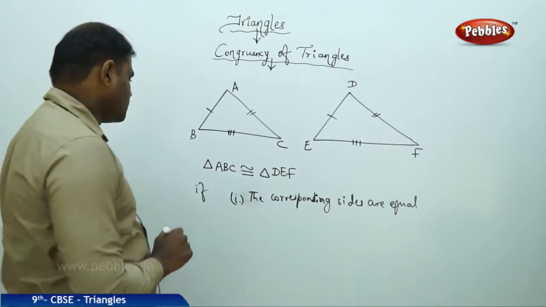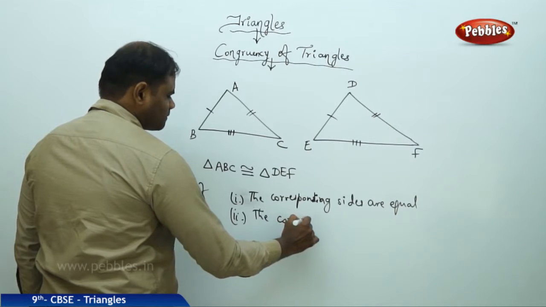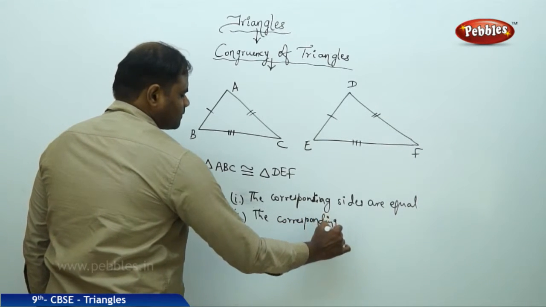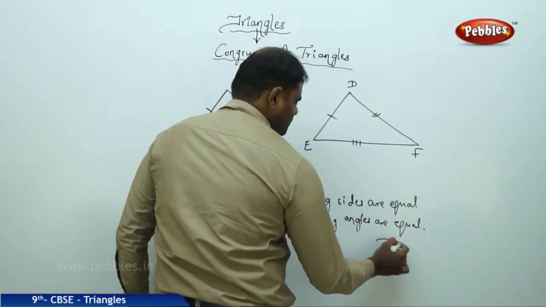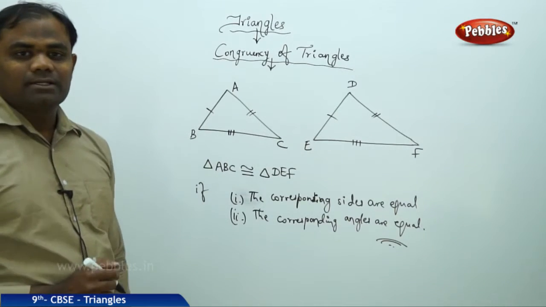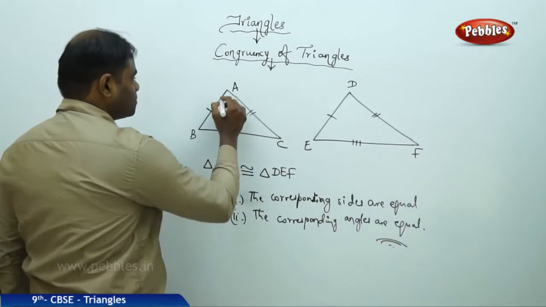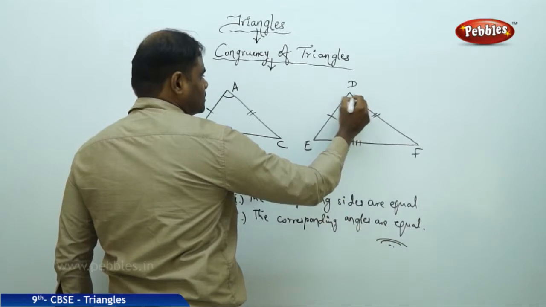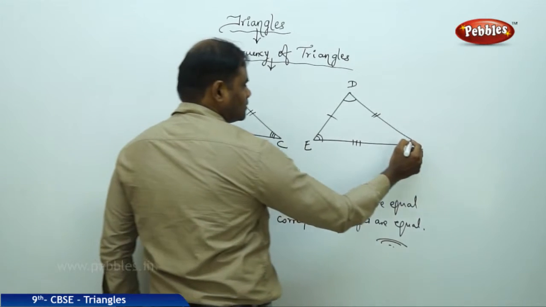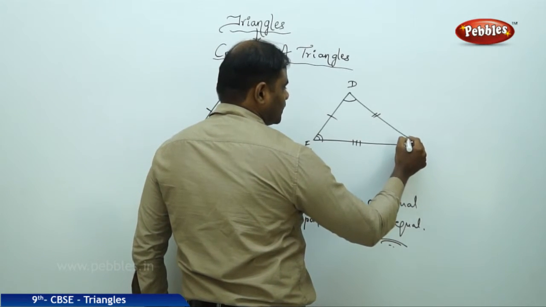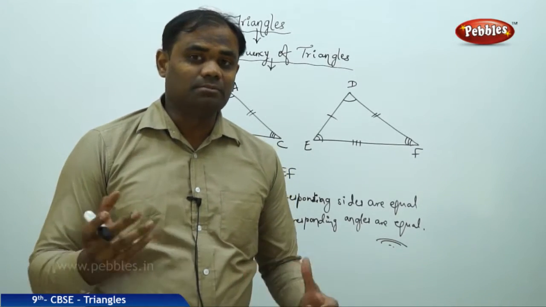The corresponding sides are equal, and secondly, the corresponding angles are equal. Now that the corresponding sides are equal, next comes the corresponding angles. Angle A equals angle D, angle B equals angle E, angle C equals angle F. This is how we understand the corresponding angles of the two triangles being equal.